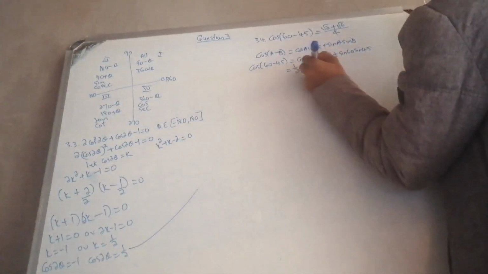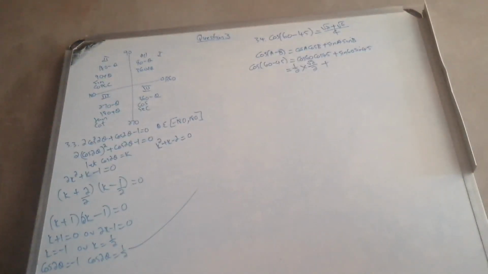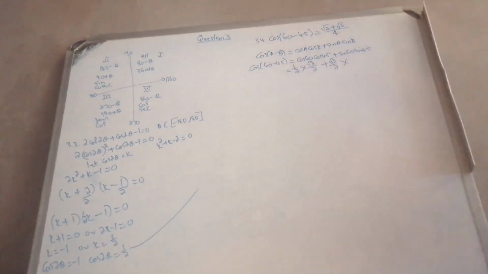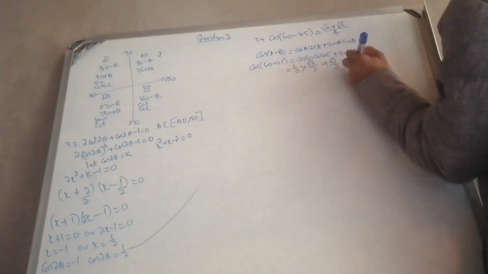And that should be root 2 divided by 2. Plus, what is the sine of 60? Root 3 over 2. What should be the sine of 45? And that should be root 2 divided by 2.